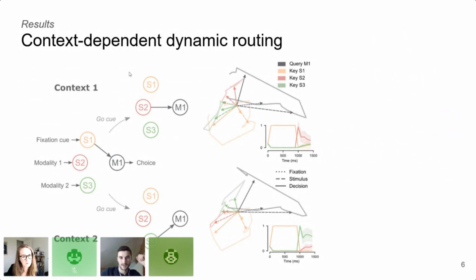That will make the one corresponding to the relevant input go towards the query of the motor module. So it doesn't matter when the query is presented, whether it's at the same time as any sensory information or afterwards. The contextual modulation that's driven by PFC could happen at any time in that chain.